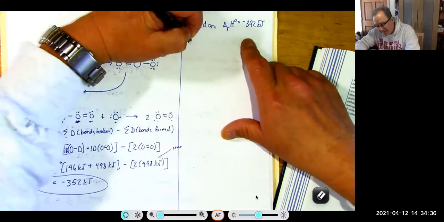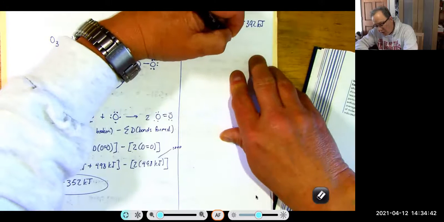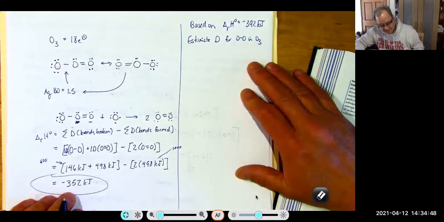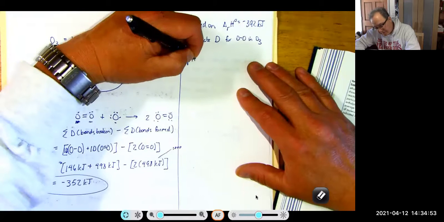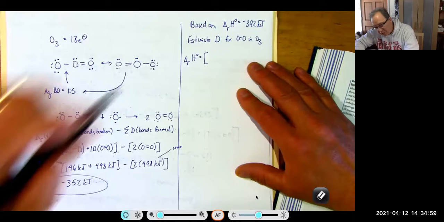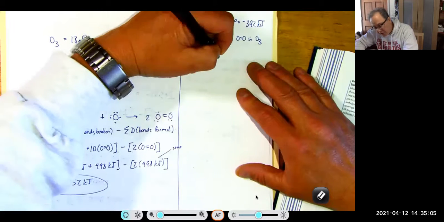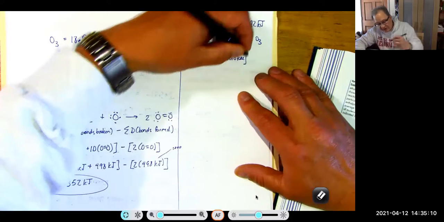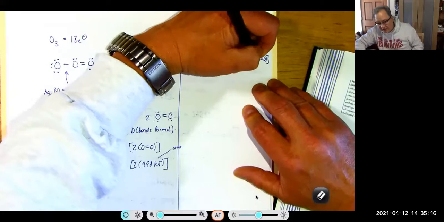We're going to estimate the bond dissociation energy for OO in O3. So the bonds being broken, we're going to put 2 bond dissociation energies for OO in ozone minus 2 times the bond dissociation energy for O2.